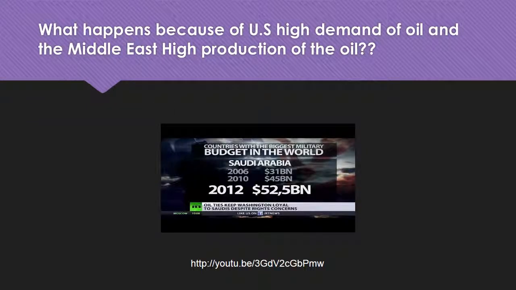So next we'll be watching what happens because of the U.S. high demand of oil and the Middle East high production of oil. This is still happening today, although we can see it back in history that there's been this gentle ease, or not so gentle, because there's been a lot of tremendous hurt over this fight for the resource of oil. But it still continues to happen today.